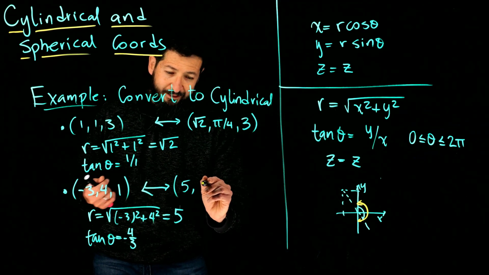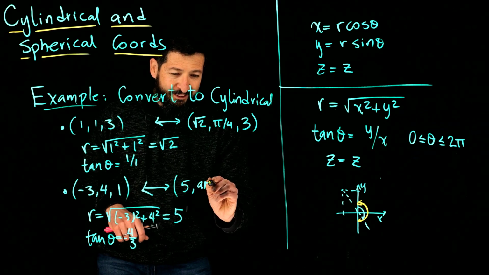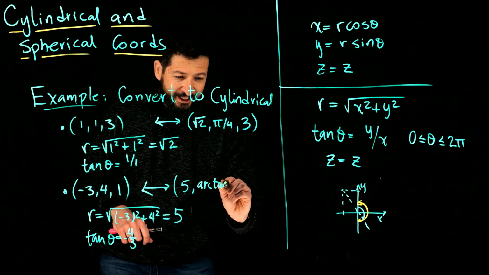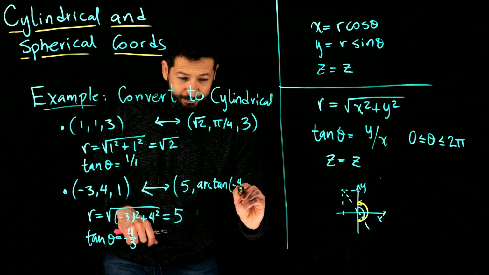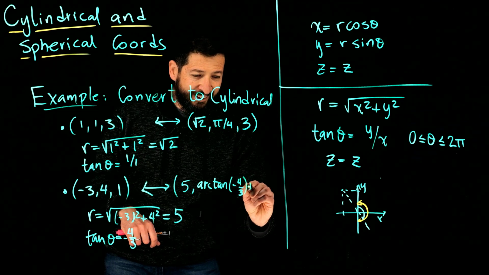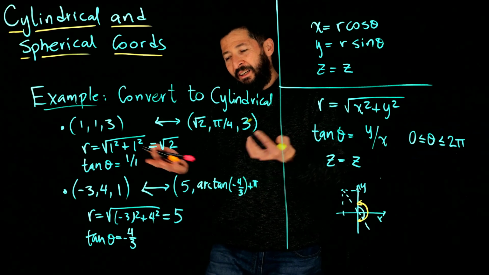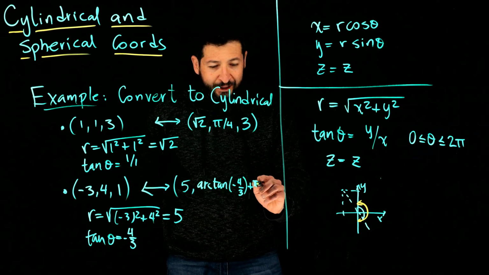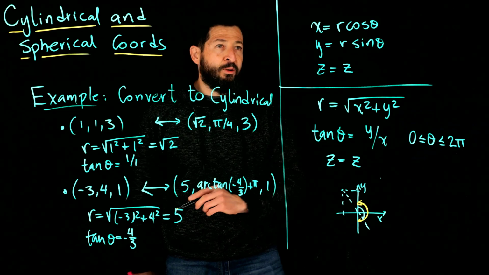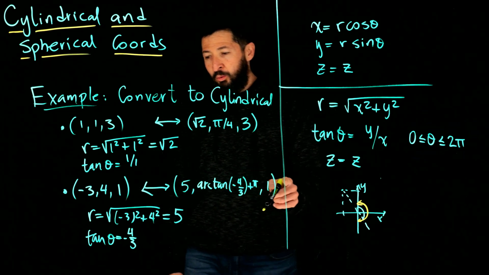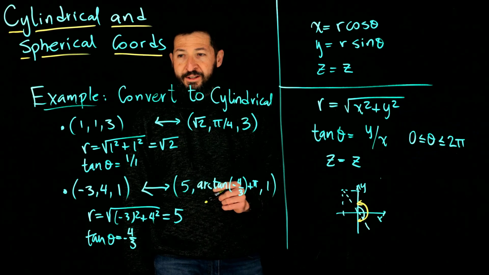Theta is going to look ugly, but it's going to be the arctangent of -4/3 plus pi. I'm not going to calculate it. You can put that in a calculator and get an approximate value for the angle. And then you put 1 for the z, because the z doesn't change.